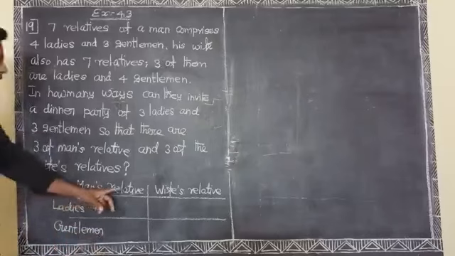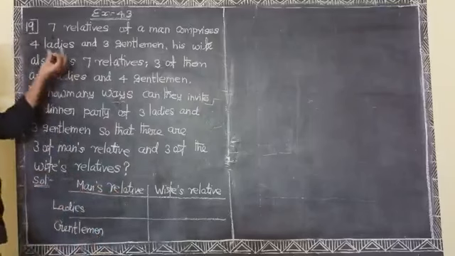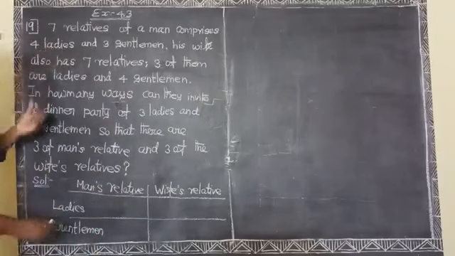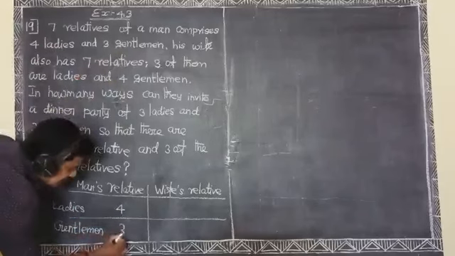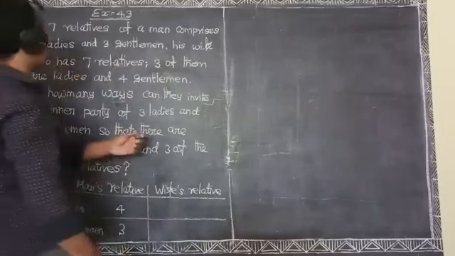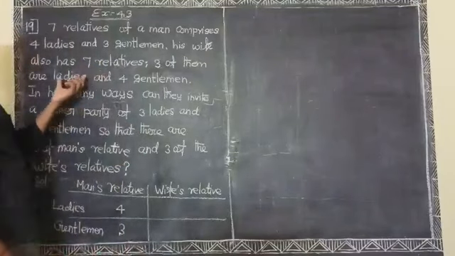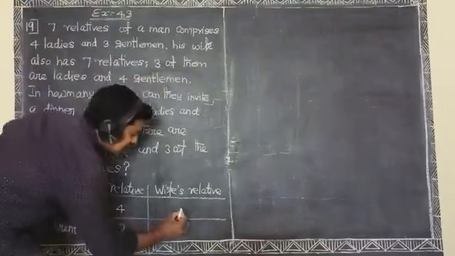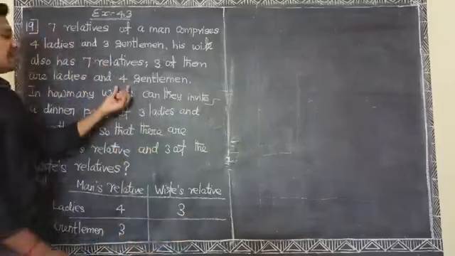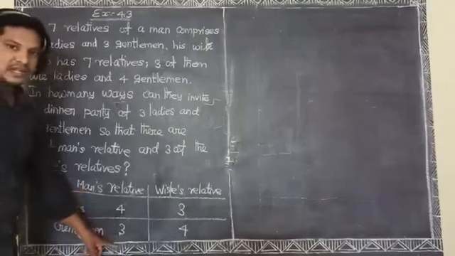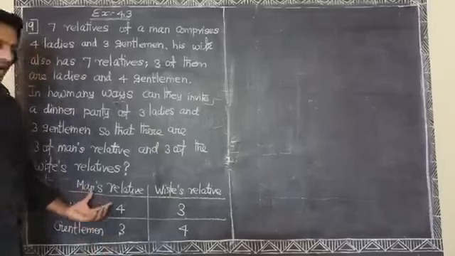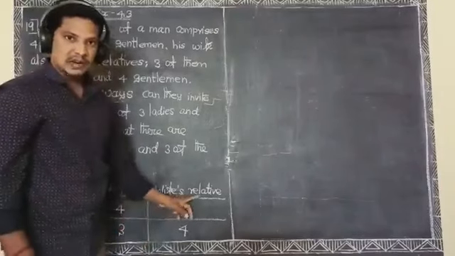Here the man's relative of ladies is 4 and gentlemen is 3. Here the wife's relative of number of ladies is 3 and number of gentlemen is 4. Totally 7 persons are the man's relatives and 7 persons are the wife's relatives.